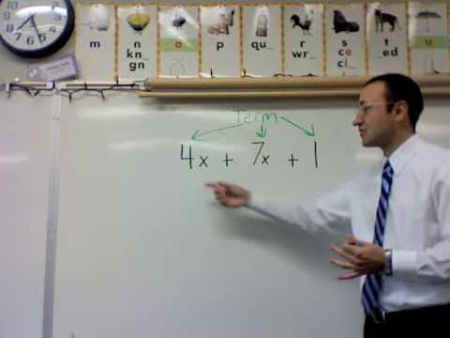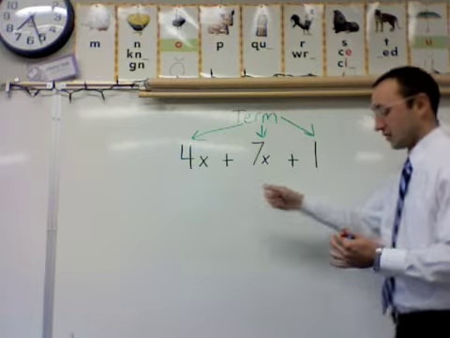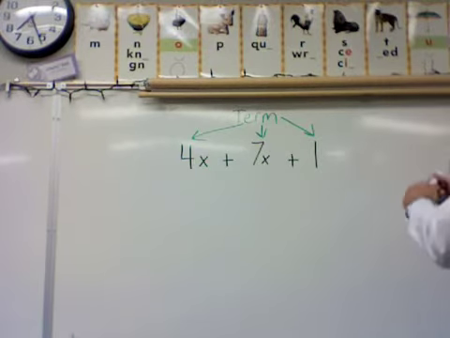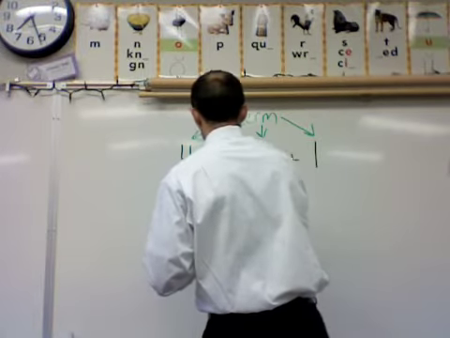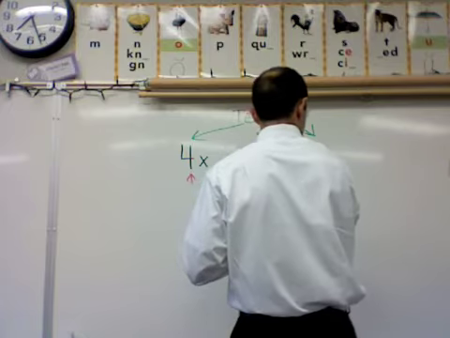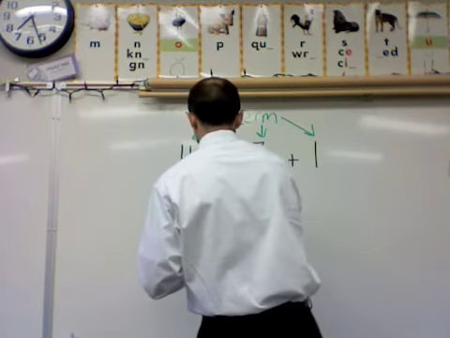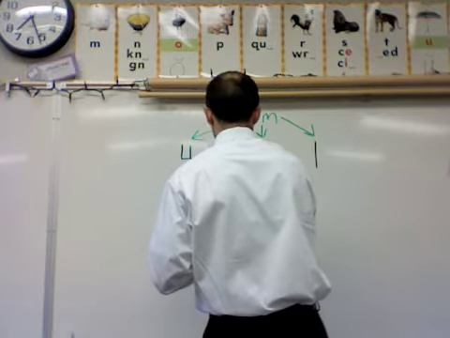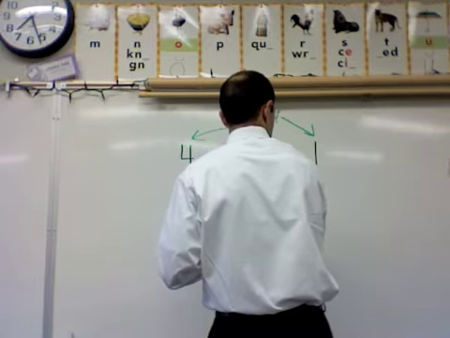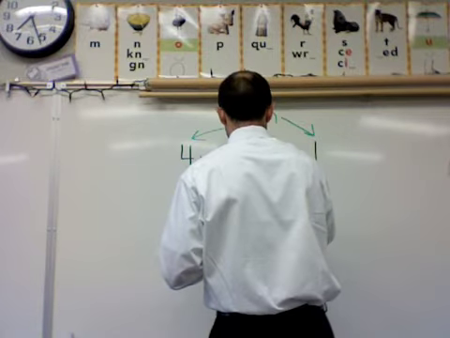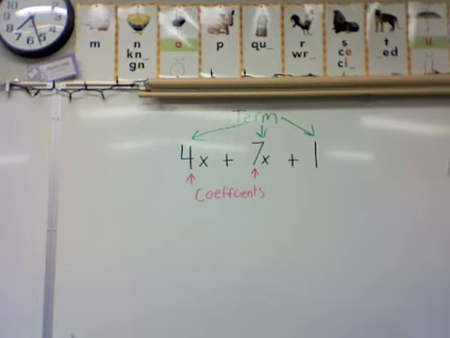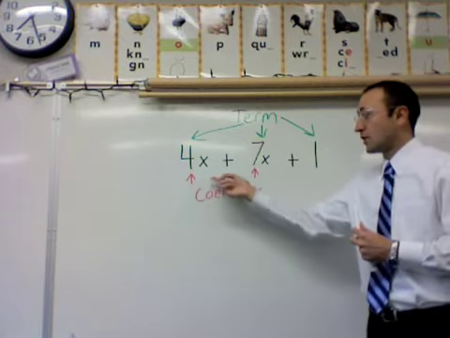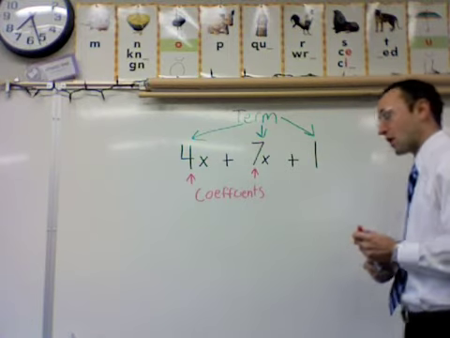So I'm going to identify the 4 and the 7 as coefficients. I'm going to use a different colored marker to make them stick out. And I'm going to label them as coefficients. So 4 and 7 have been identified as coefficients because they're being used in a multiplication problem.